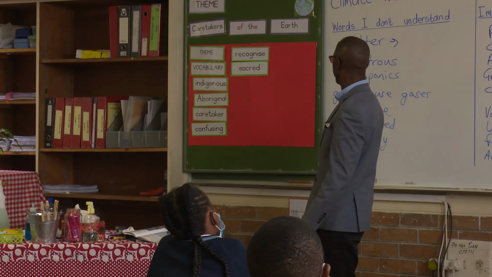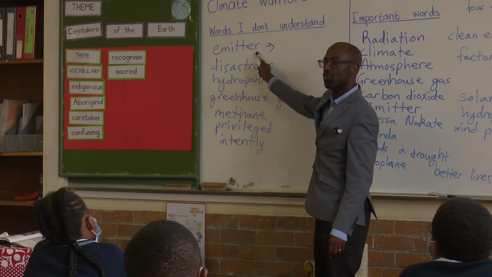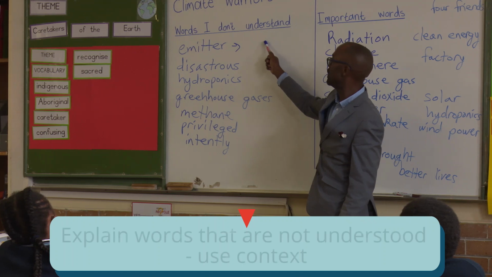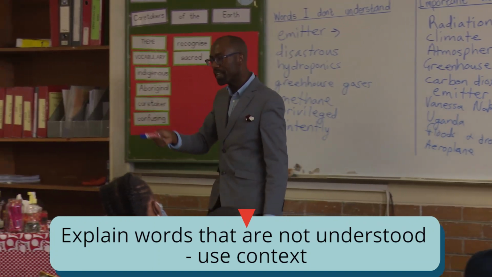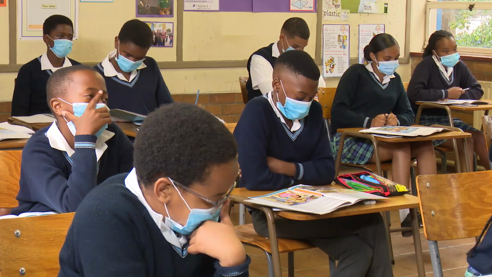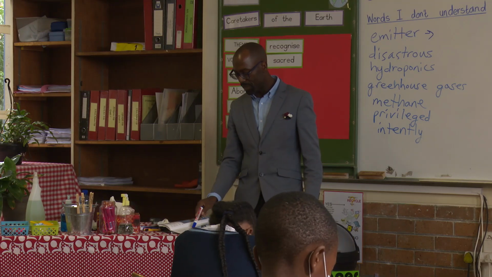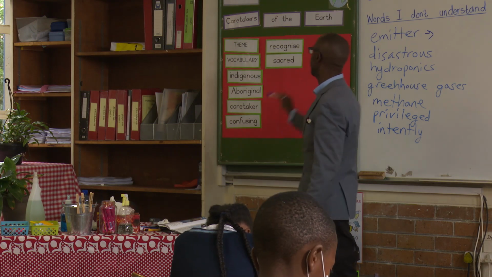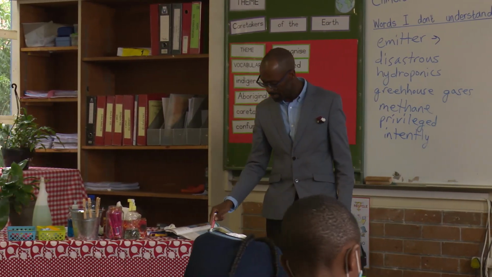The first word that we're going to explain is the word emitter. One way of understanding a word, guys, is to go back to how it has been used, to look at the context, the sentence in which it has been used, and to understand it from that. So let's go to page 9. Notice that right towards the end, the last sentence, it's not exactly the word emitter, but it's been written in continuous tense.